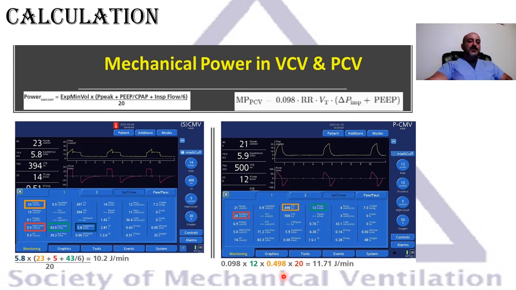Here it's 498, but because the equation takes it as liters, it becomes 0.498, multiplied by the inspiratory pressure, which will be 20, so the resultant mechanical power is 11.71. And I'll put also this reference at the end of the talk.